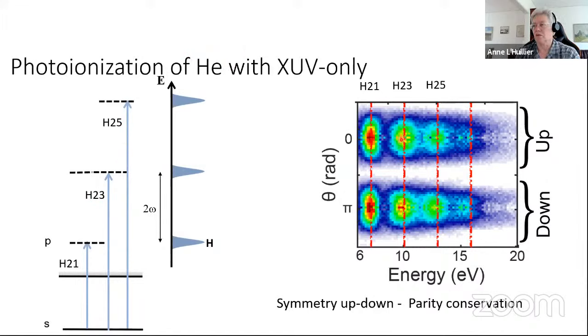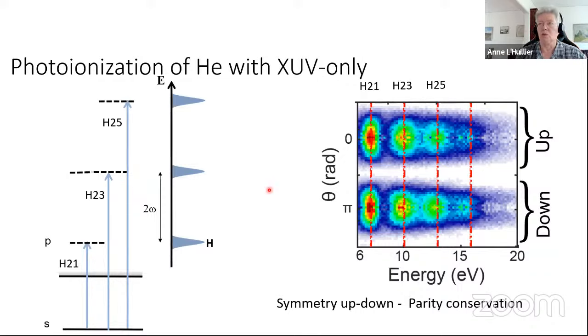So we see 3 or 4 peaks corresponding to ionization by harmonics 21 to 25. So here there is no surprise. We see a perfect symmetry between the electron emitted upwards or downwards. And we see that we have peaks corresponding to absorption of these different harmonics.